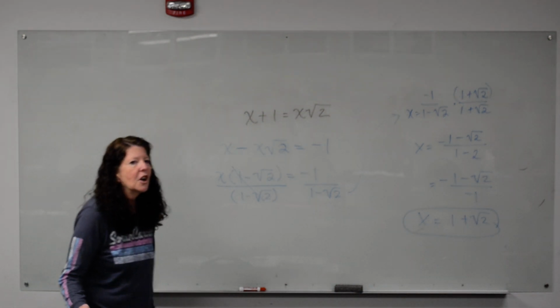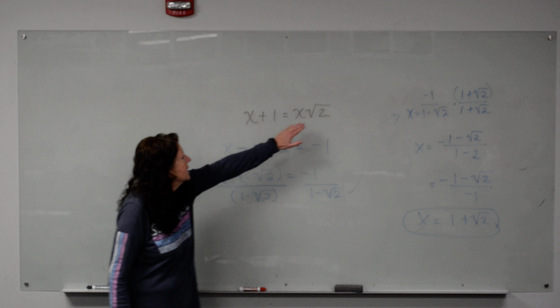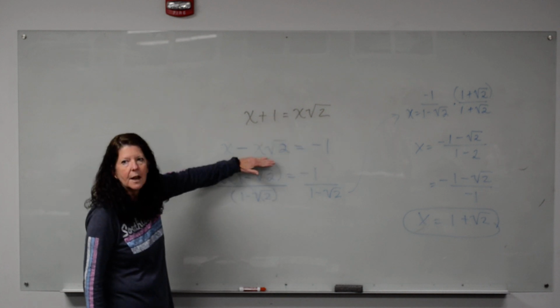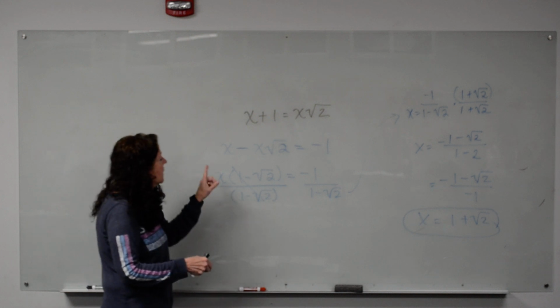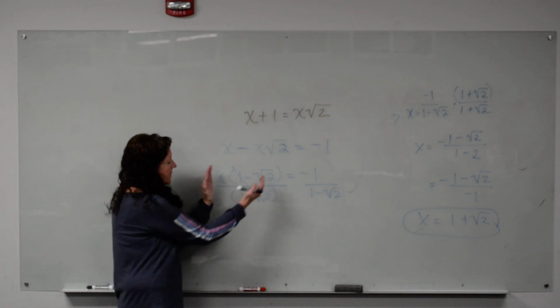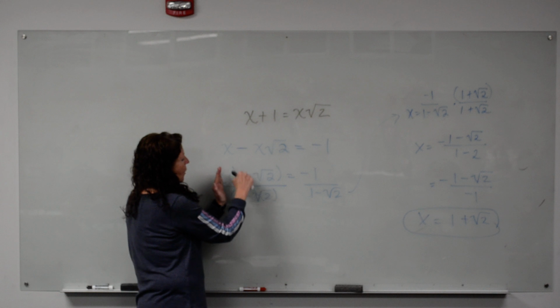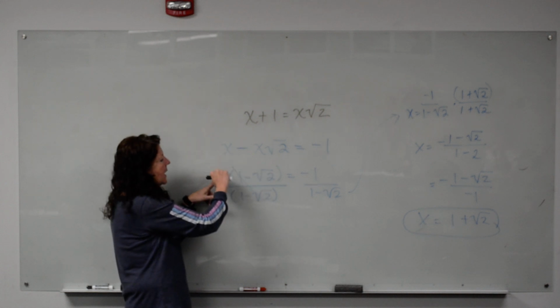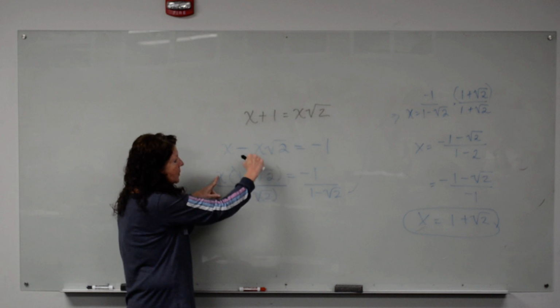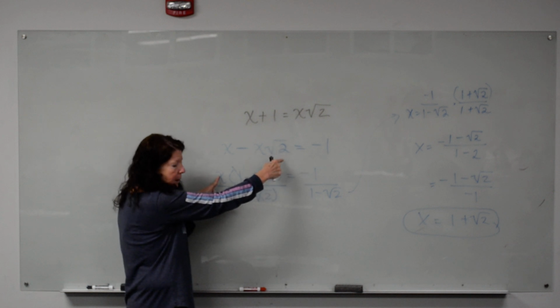Okay, let's talk through it here. The first thing I did is I moved this to this side, okay, to get my x's together. Then I factored out the x, leaving me with 1 minus the square root of 2, because x times 1 is x, times the square root of 2 is x times the square root of 2, okay?